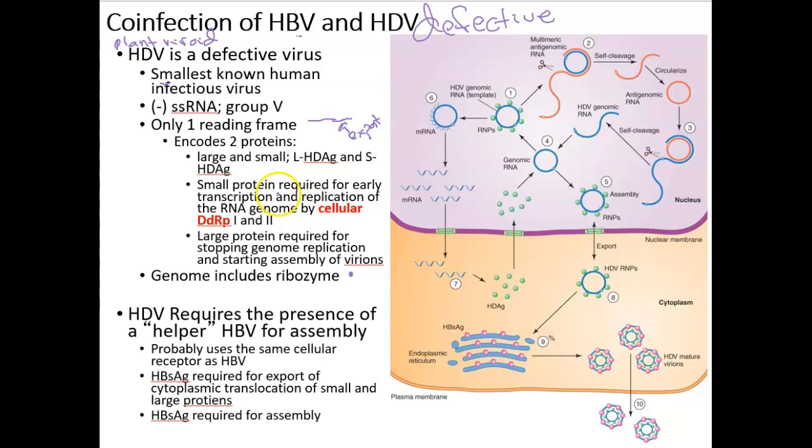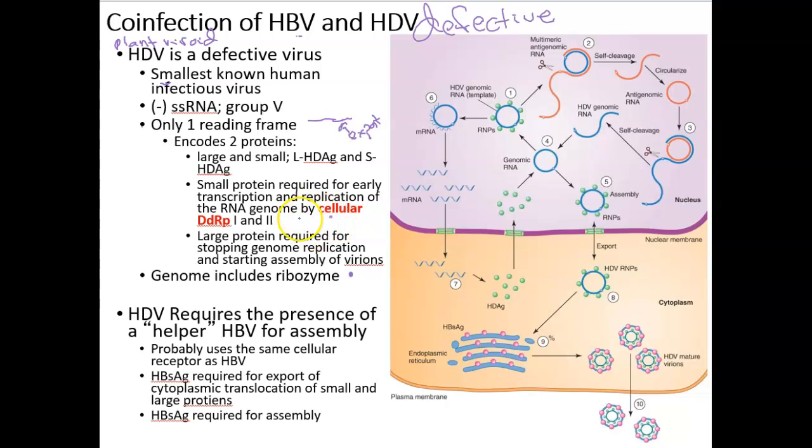The small protein is required for transcription and replication, and for subverting the cellular RNA polymerase. Now, I know I've told you before that all RNA viruses have to bring in their own RNA-dependent RNA polymerase, and that's true except for this virus. So this is very, very strange.